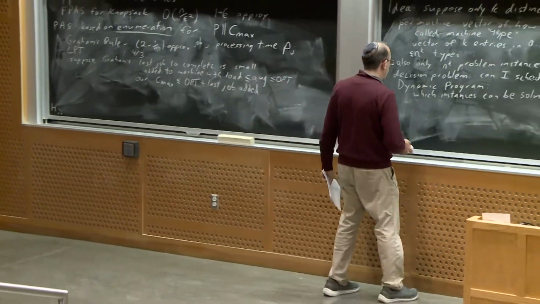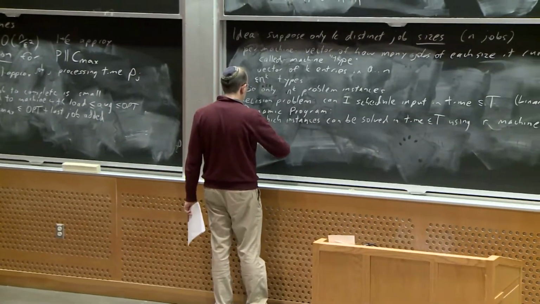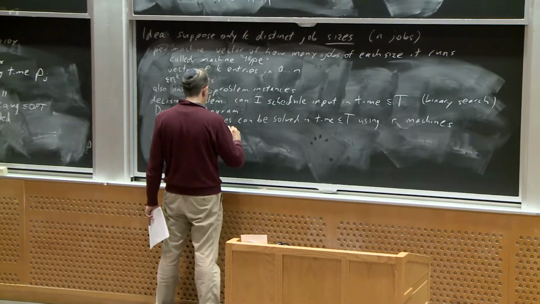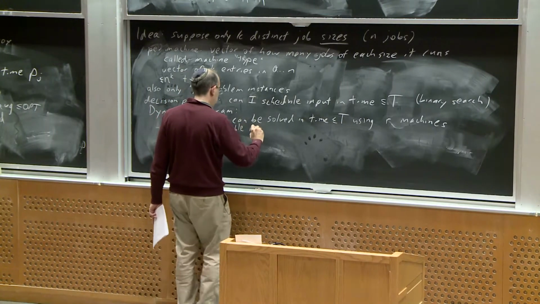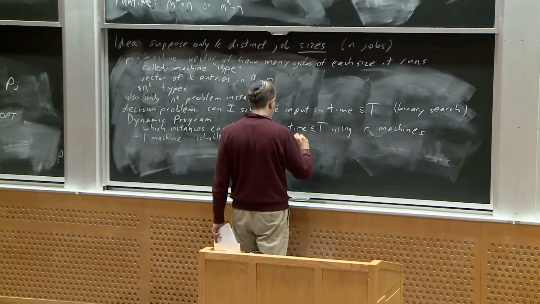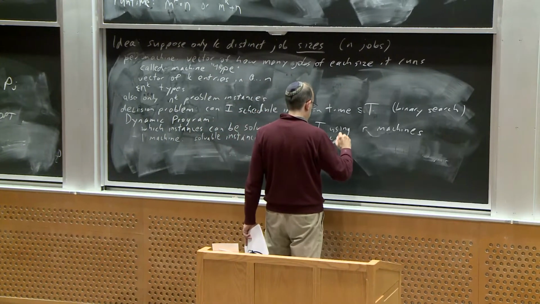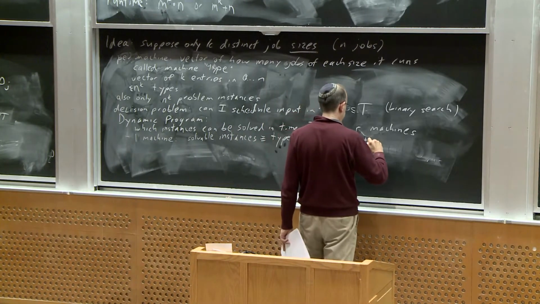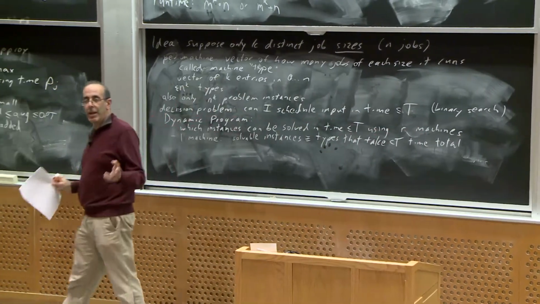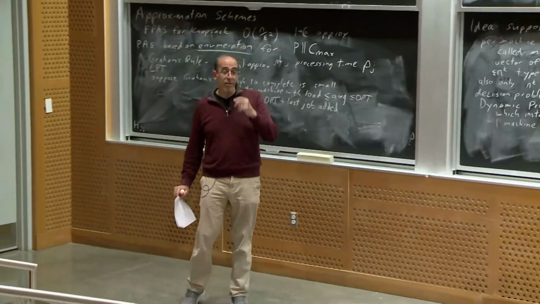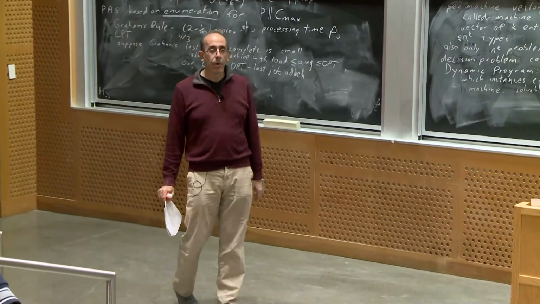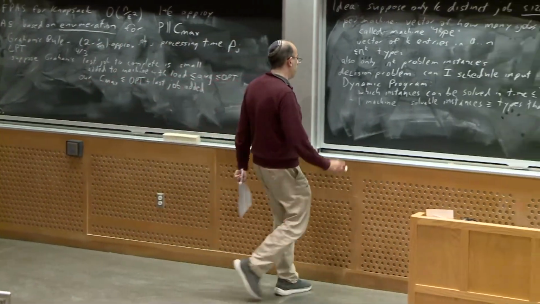And essentially that's equivalent to saying the solvable instances are equivalent to machine types that take less than t time in total, right? A machine type is, again, a specification of running a certain set of jobs. If they take less than time t, that set of jobs is an instance that you can solve in time less than t.